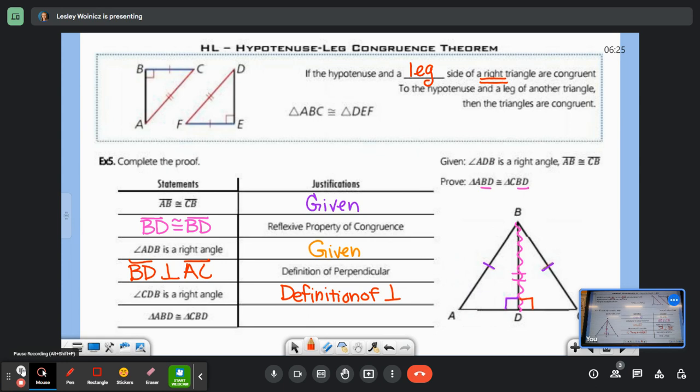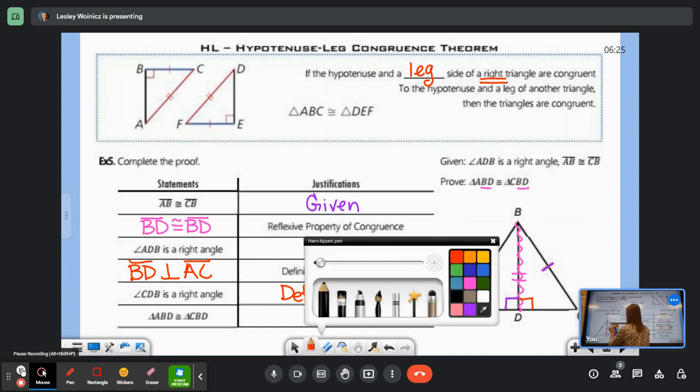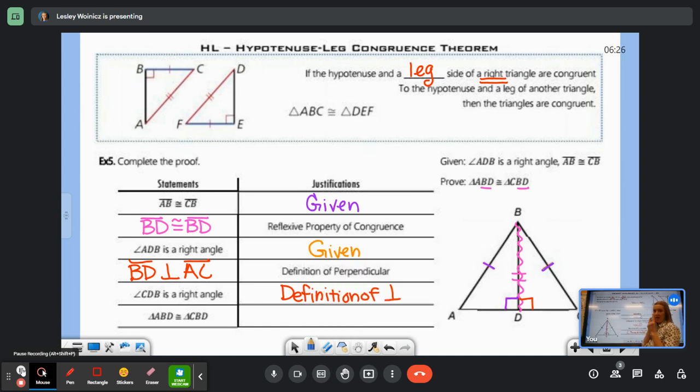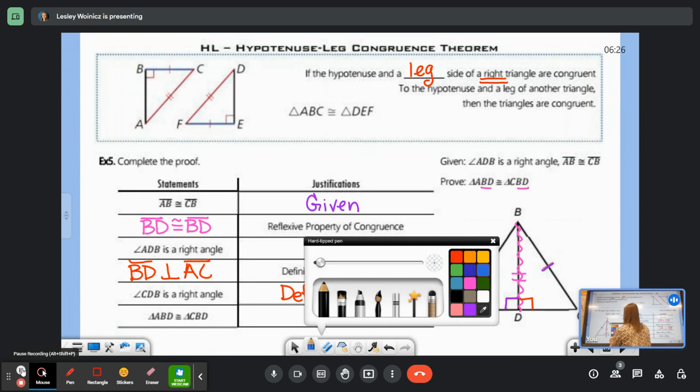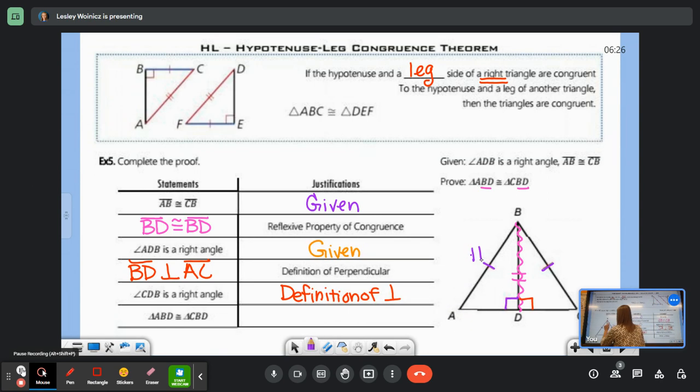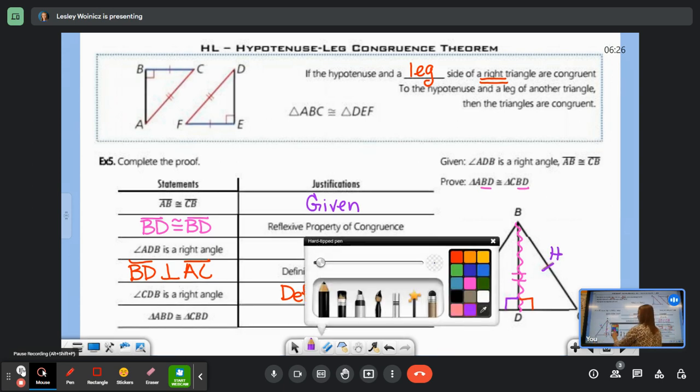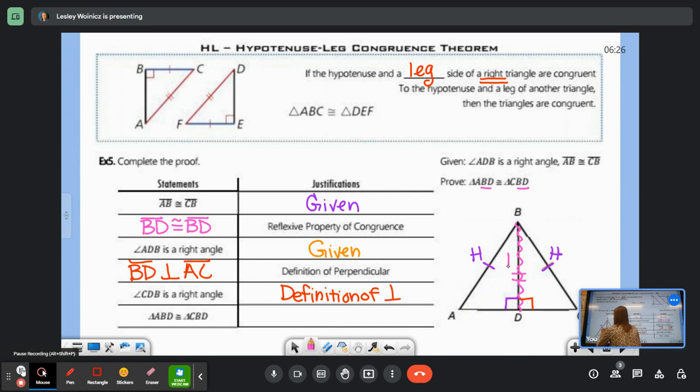Okay, next. Oh, look, okay. So we had to do three things. We had to get a congruent hypotenuse. Okay, that's this. That was given to us. The H was given to us. Okay, we had to get a congruent leg. That's this side right here that was congruent to itself.